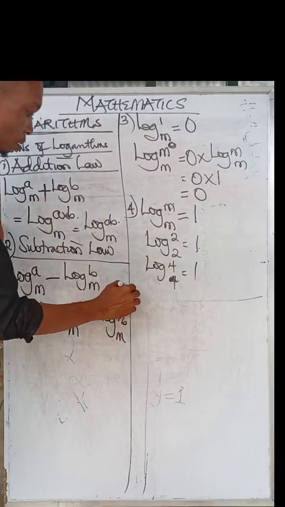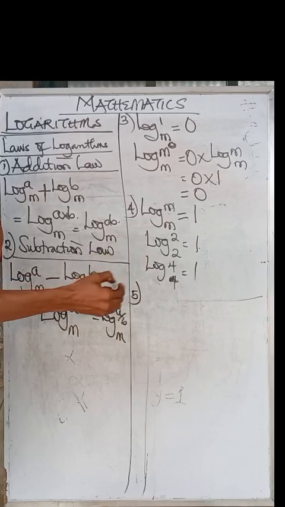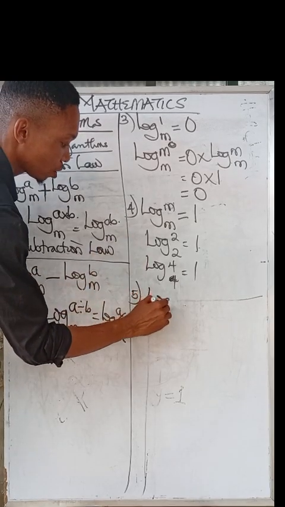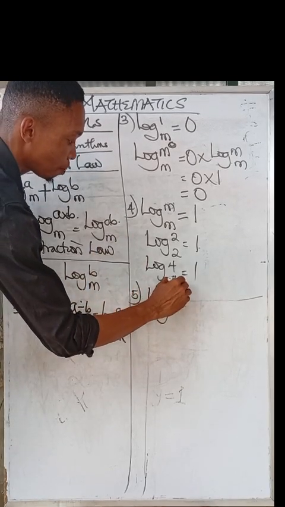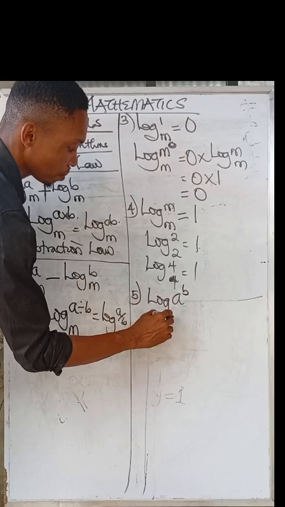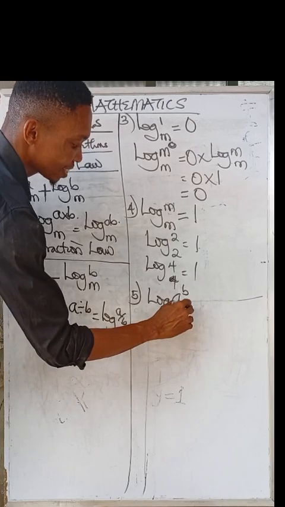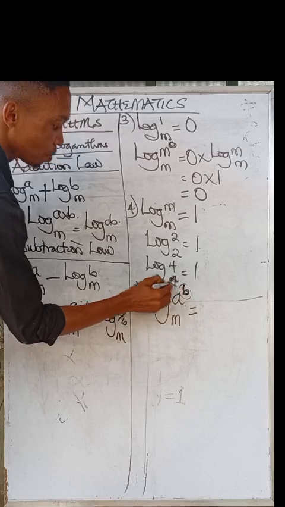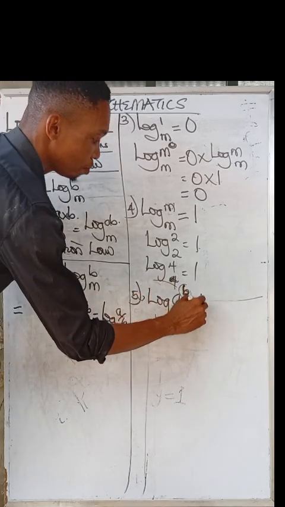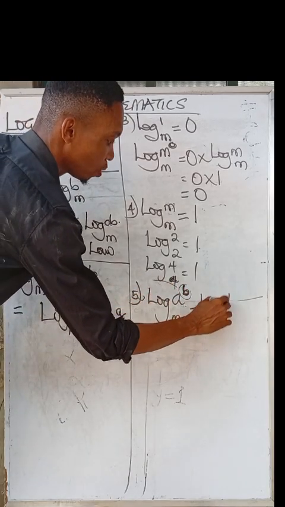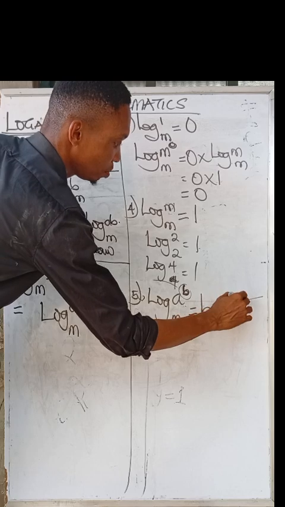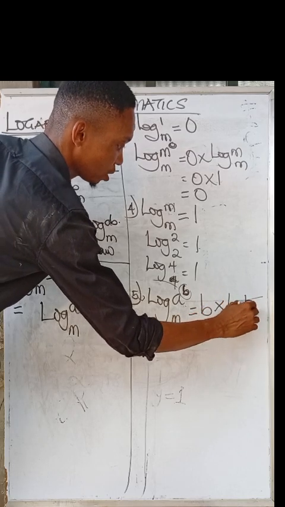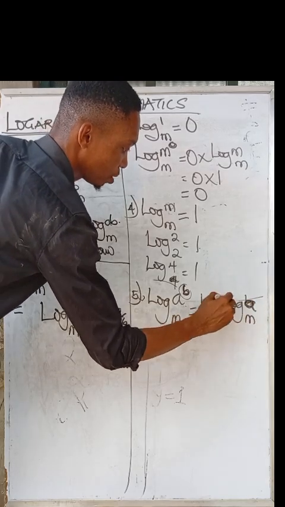And the last one we'll talk about is if you have a given log of a having a power of b, base m. This is automatically saying that this power b will multiply the log. So we have b multiplied by log a base m.